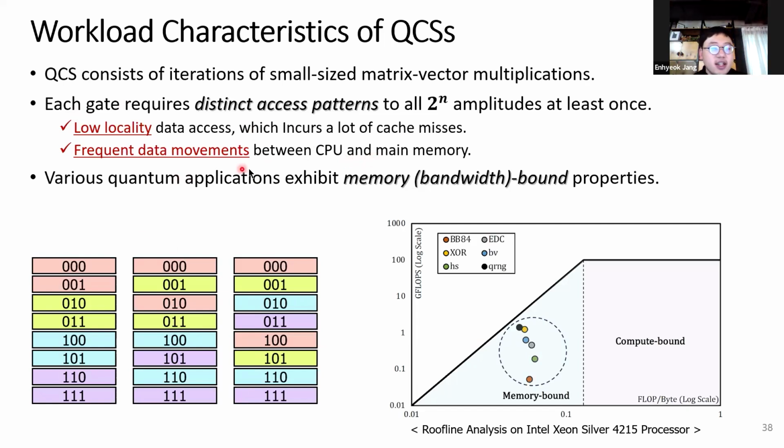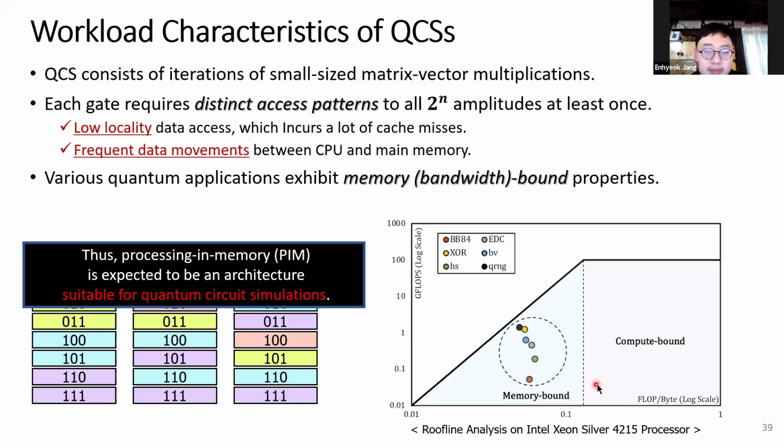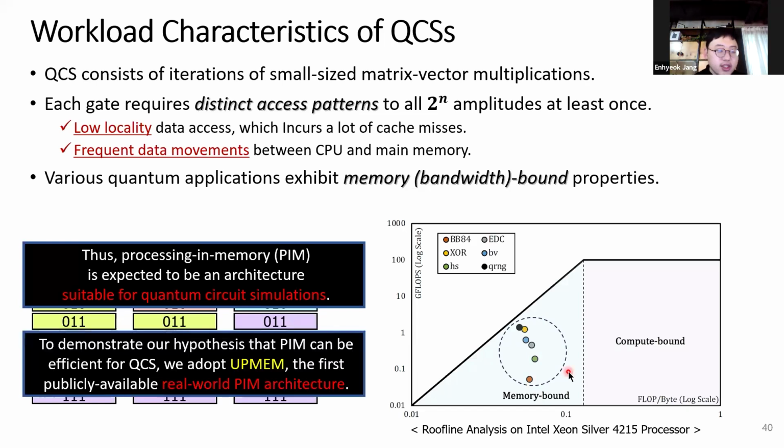We confirm that all the real quantum algorithm simulation workloads show memory-bound properties. It means the workload has low compute intensity, that is, low FLOPS per byte. So we observed that processing-in-memory technology is expected to be a suitable architecture for this workload.